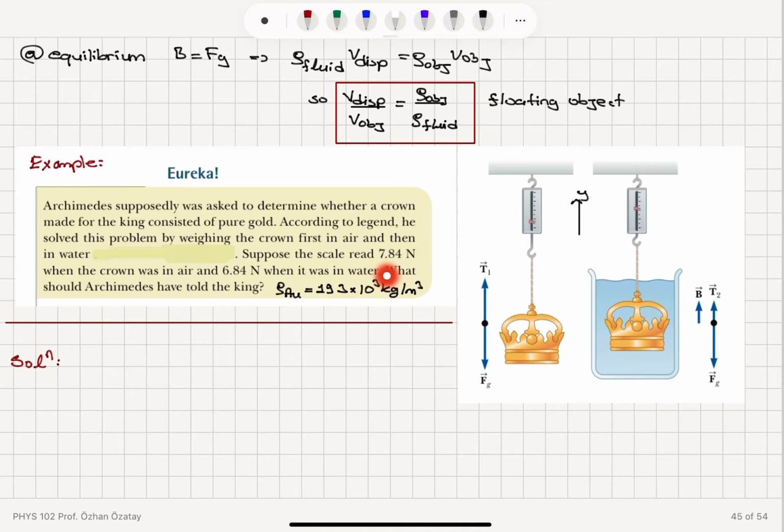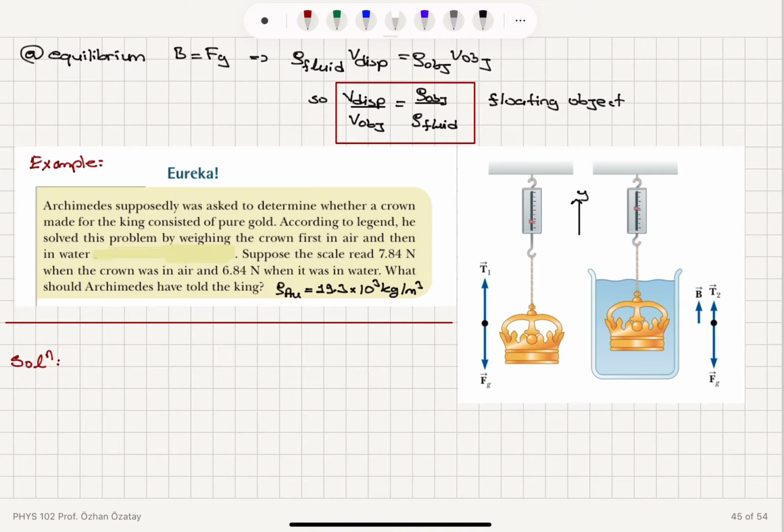Suppose the scale read 7.84 newtons when the crown was in air and 6.84 newtons when it was in water. What should Archimedes have told the king? And the density of gold is 19.3 times 10 to the 3 kilograms per meter cubed.